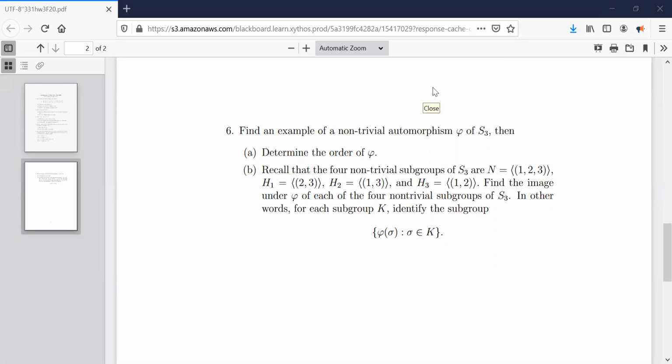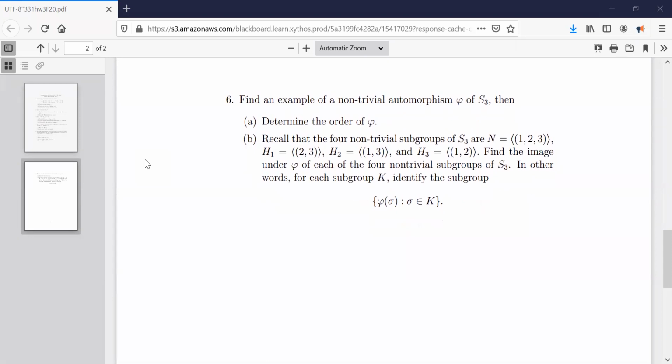I think Marius is giving a specific example. But what is the general concept of what is an automorphism?